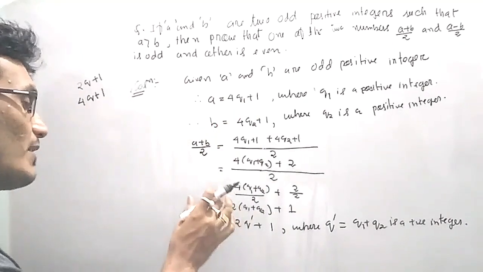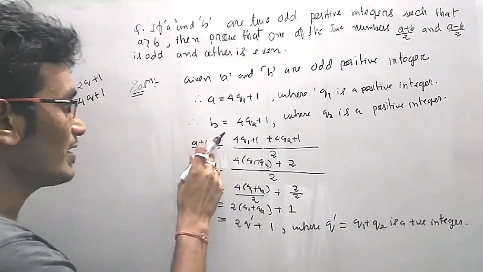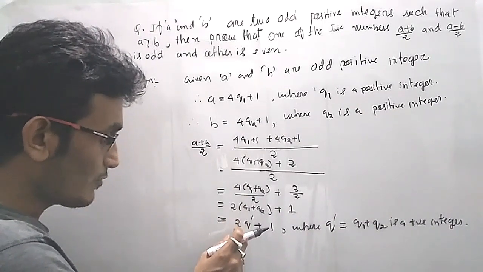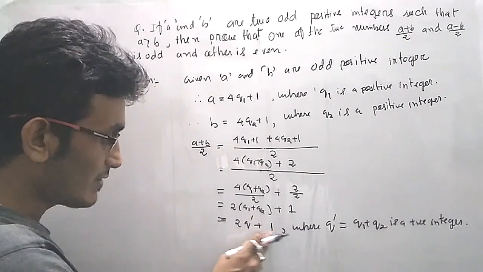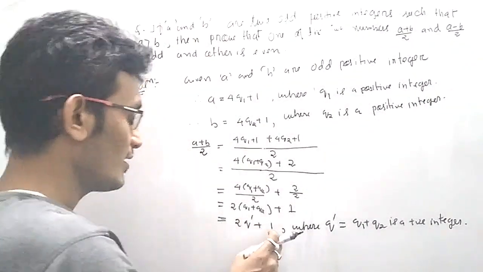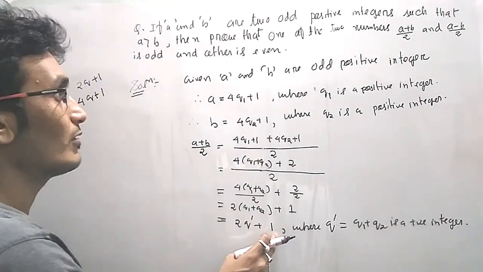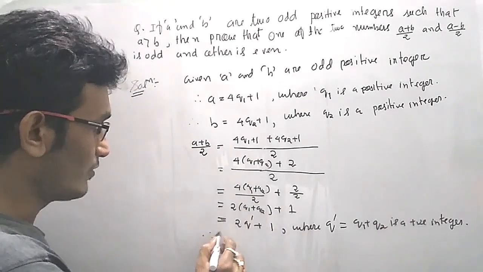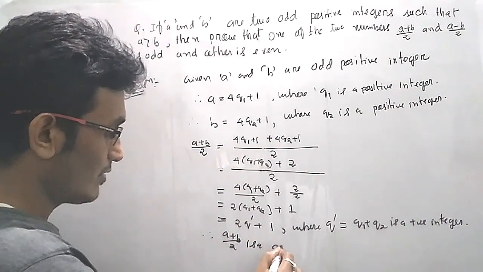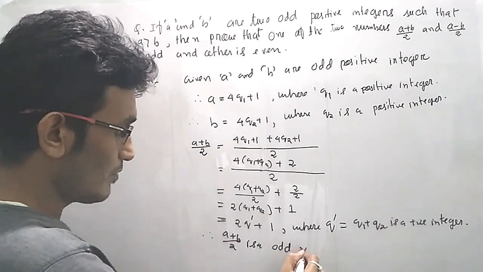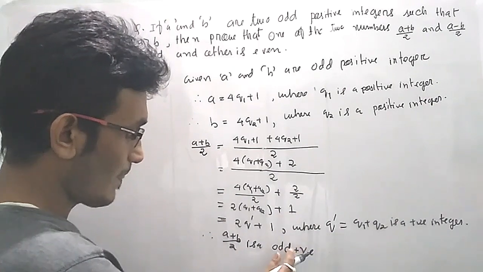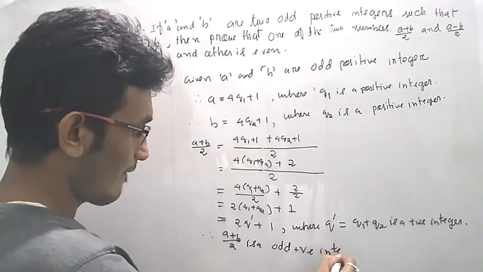So after finding (a plus b)/2, in the last step we have seen it becomes 2q dash plus 1, that means in the form 2q plus 1, and we know 2q plus 1 is an expression of odd positive integers. Therefore, (a plus b)/2 is an odd positive integer.